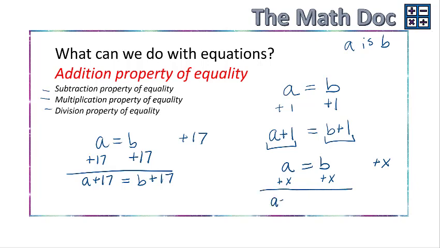So I have A plus X on the left, and I have B plus X on the right, and they are equal because A was equal to B, right? And I added to both sides the same amount. So I increased them by the same amount. And this is the addition property of equality, where I've added the same thing to both sides of this equation.